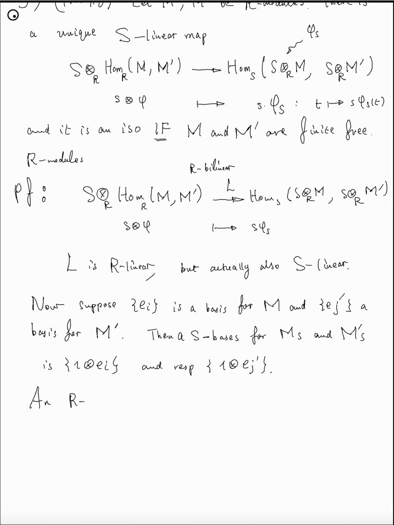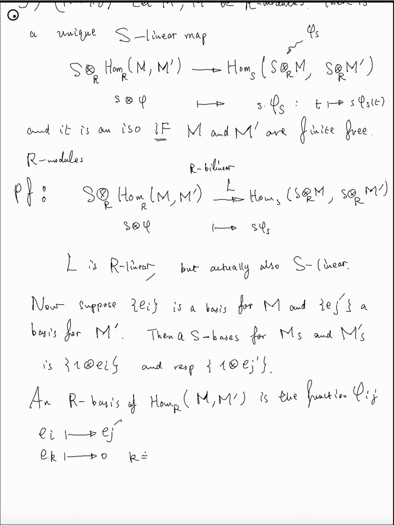Recall that the R basis of this free R module, we have described this before, is the function phi_ij, which maps e_i to e_j prime, and all the e_k to 0, k different from i.